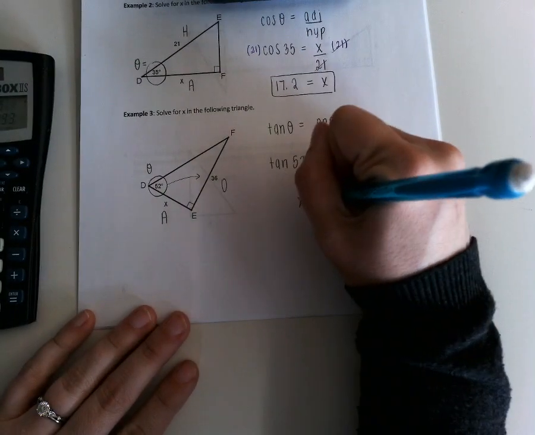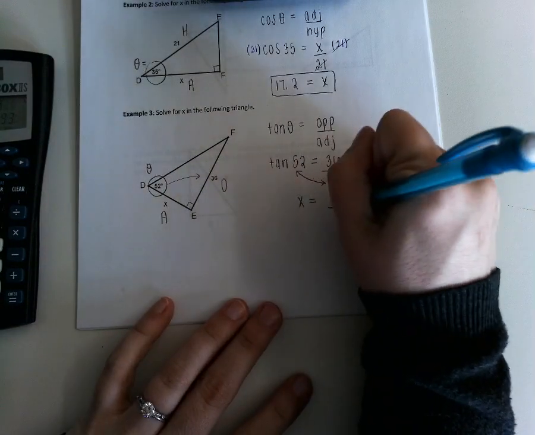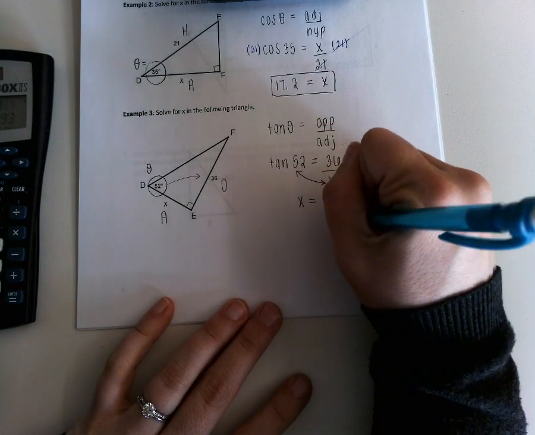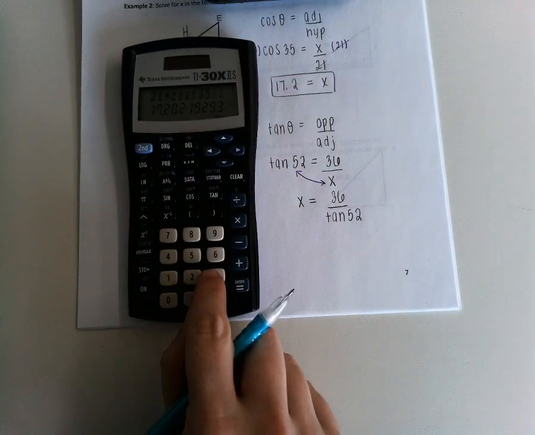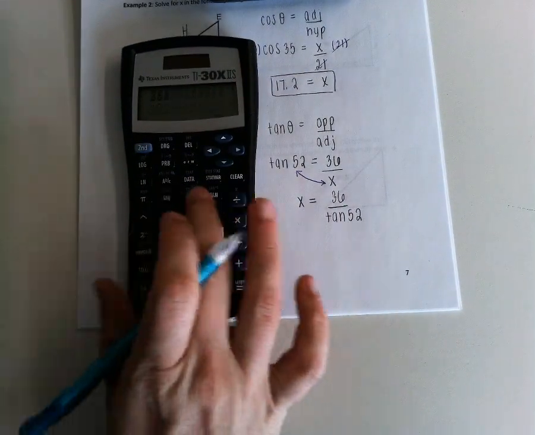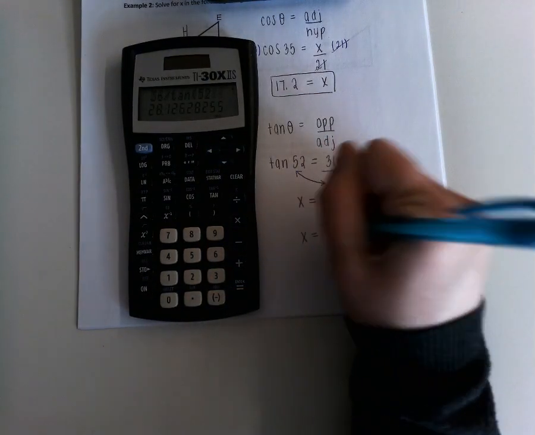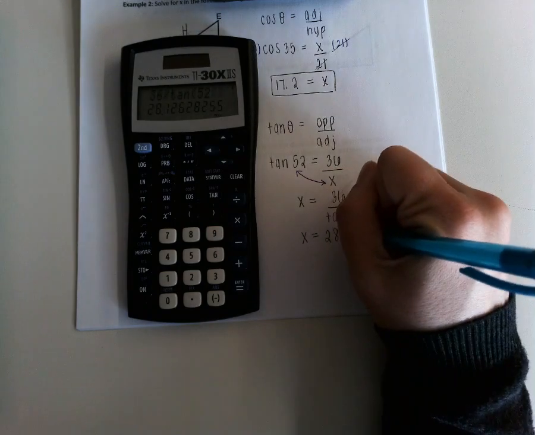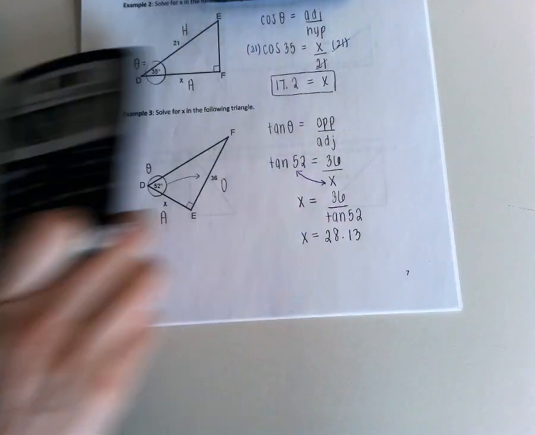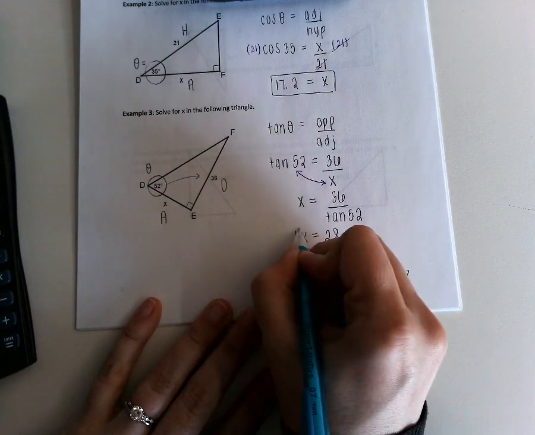So x will be equal to 36 over tan 52. So in my calculator, 36 divided by tan 52. And x would be equal to 28.13. Again, there's no units, so that is good just like that.